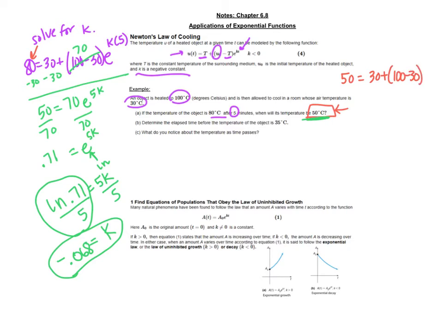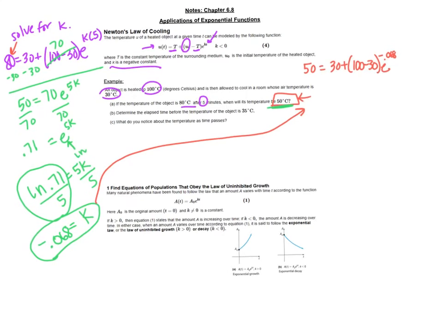And yes, we already know what that is, but we'll just write it down. I'm going to use the k that I just found. Okay, so I'm going to have negative 0.068 times my t. Right? And this time I'm solving for when, so I'm solving for that t.